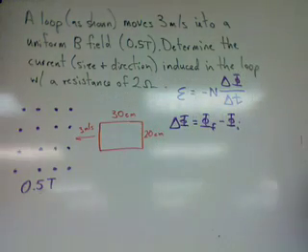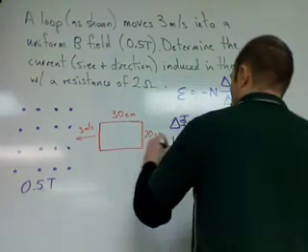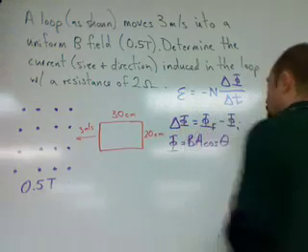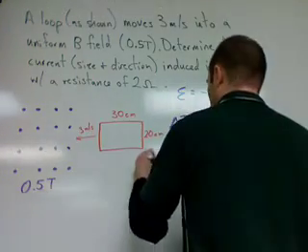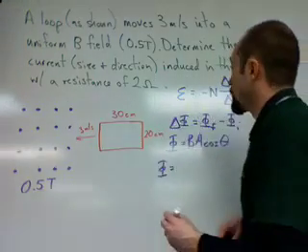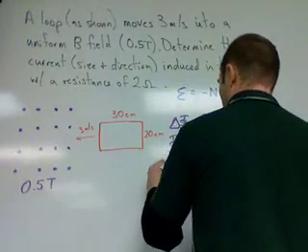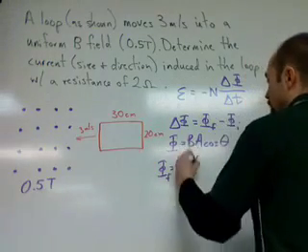So if we go final flux minus initial flux, flux is BA cosine theta. So my final flux is going to be 0.5 times, that's my B, times the area.